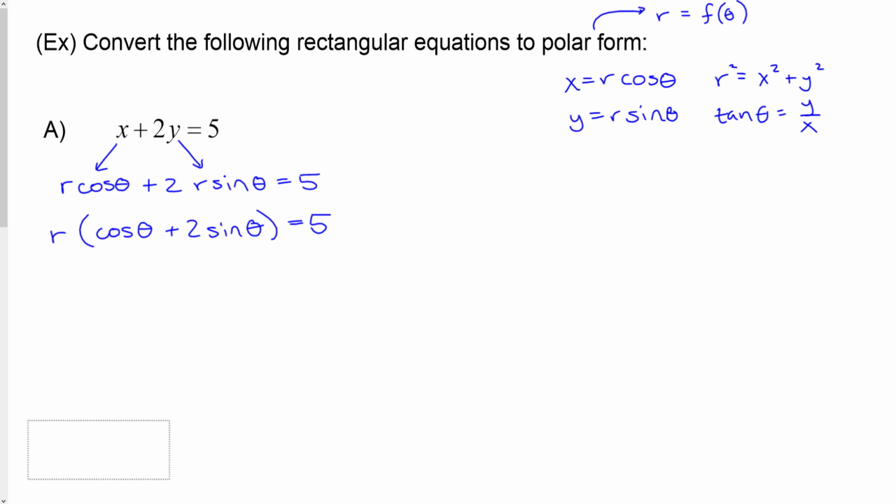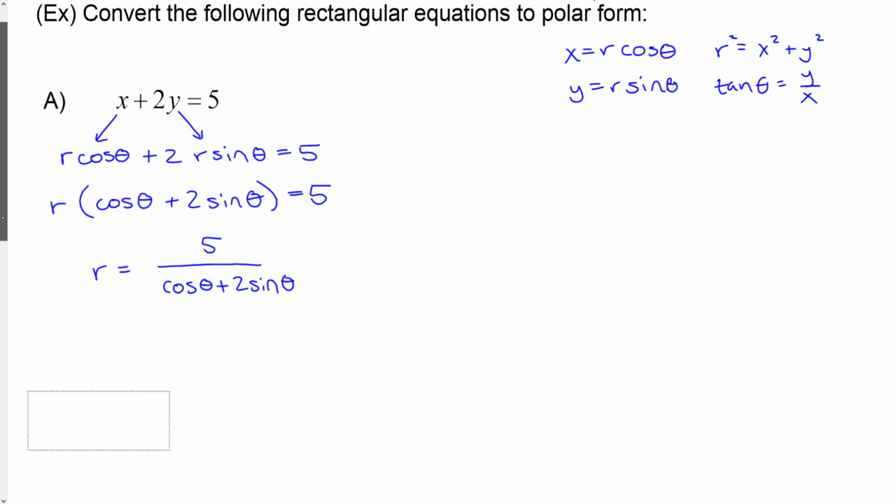And now I can divide by that whole term, cosine theta plus 2 sine theta. Divide it over, and I get r equals 5 over cosine theta plus 2 sine theta. Now I have something of the form r equals a function of theta. So r's on its own, and the only thing left on the other side are just things in terms of theta.